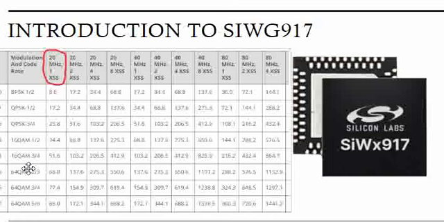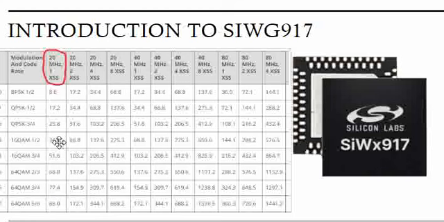And this particular SiWG917 supports up to 20 MHz and a single stream, basically. So when we see this MCS7 table, it determines the data rate, and you can see the corresponding data rate of up to 86 Mbps is supported in MCS7, which is the highest data rate.